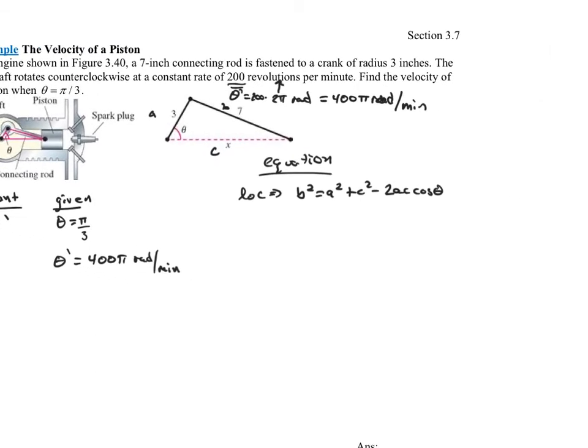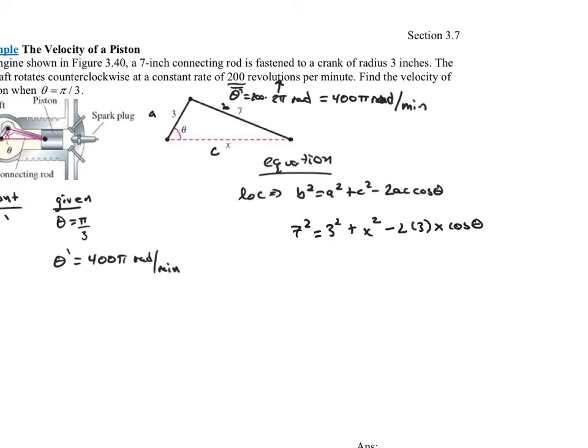So let's do that in terms of ours. So b squared would be 7 squared, right? That's fixed. A squared would be 3 squared plus c squared is x squared minus 2 times a is 3 in our picture. C is x in our picture, and then cosine of theta.